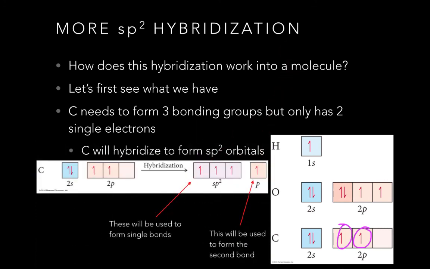It doesn't really show the energies here, but we can see we go from these 2 p's and this s into 3 sp2's, and those are going to be used to form single bonds. And then what we're actually going to see is that this unhybridized p orbital is going to be used to form the second bond of a double bond. So let's take a look and see how that works.